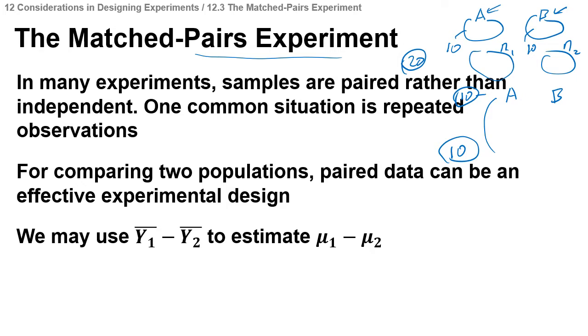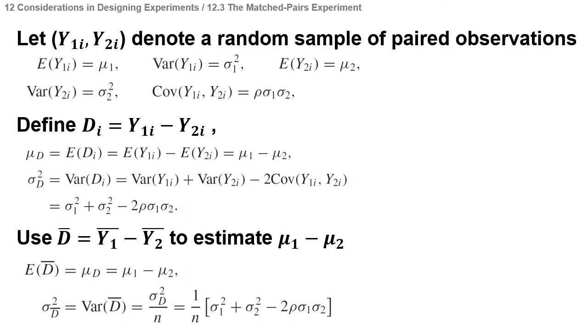So for comparing two populations, paired data can be an effective experimental design, and we may use y1 bar minus y2 bar to estimate mu1 minus mu2. Let y1i, y2i denote a random sample of paired observations. For each patient, we get the first treatment, which is y1i, and then the next treatment, which is y2i.